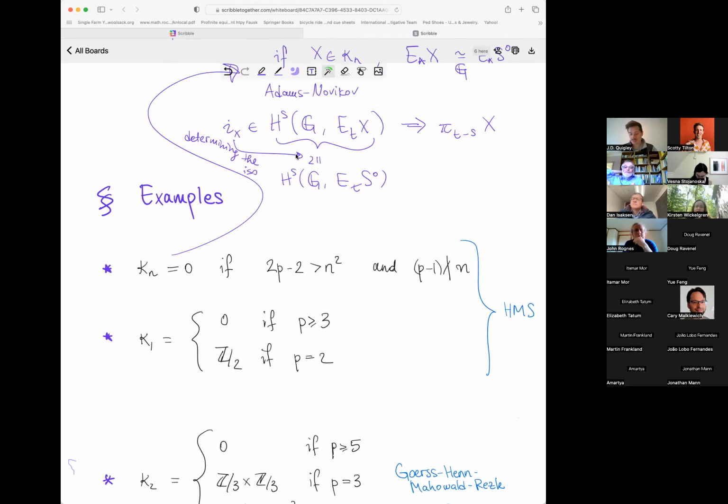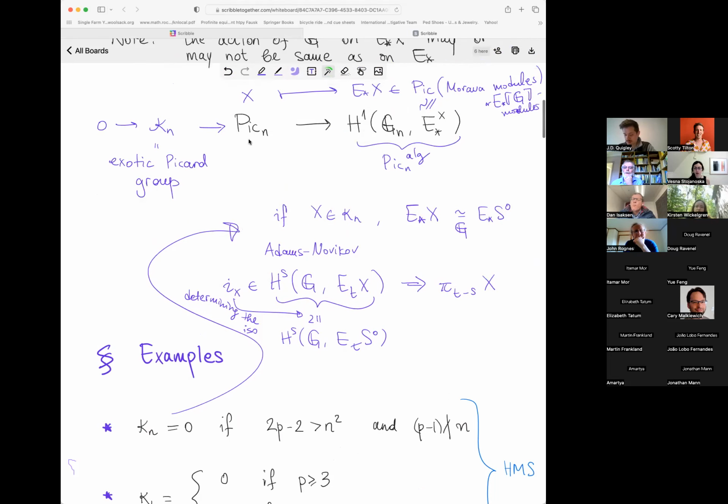Oh, right. So I guess here the X is just an invertible object. It's just a module over the K-local sphere in some sense. And so we have this algebraic isomorphism here. So there's a 1 here, and that 1 corresponds to iota X in here, which is a G invariant.